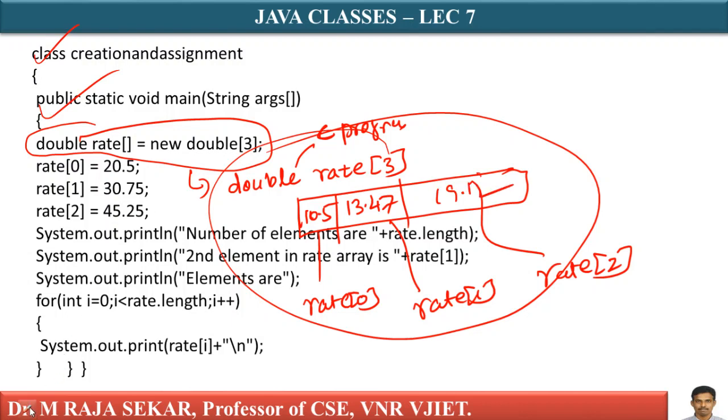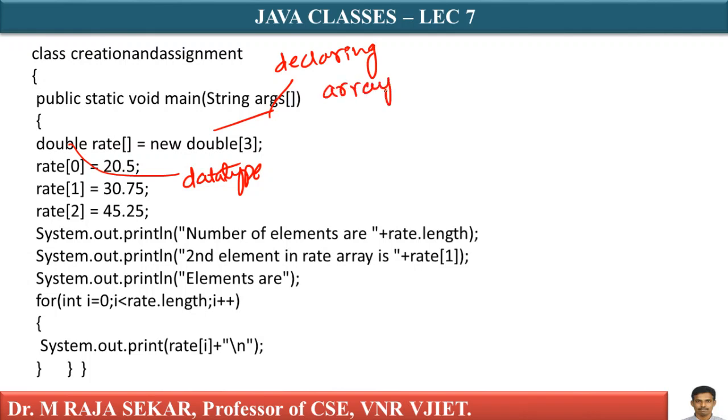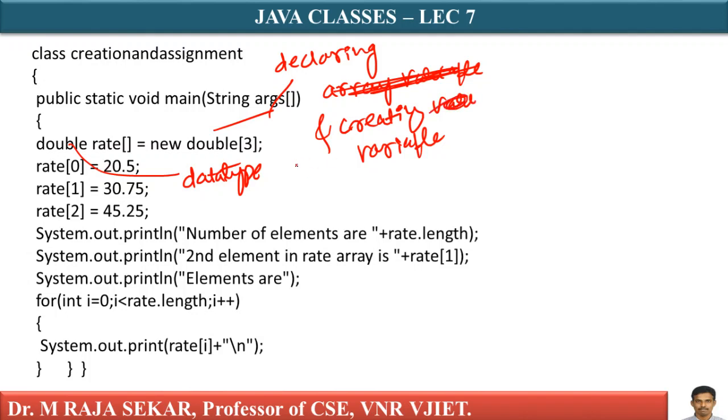But in the case of Java programming language, how can I do it? This one is the data type. Here I am declaring the array variable and also creating it.